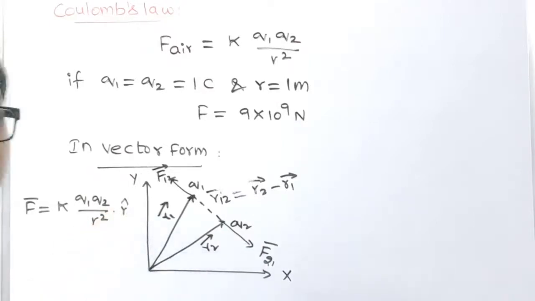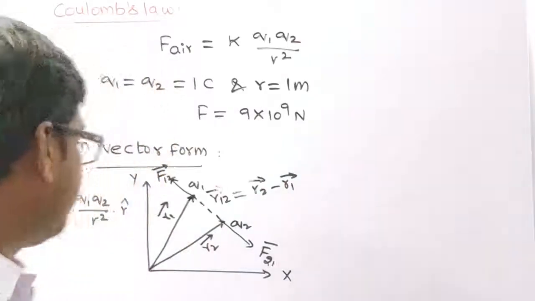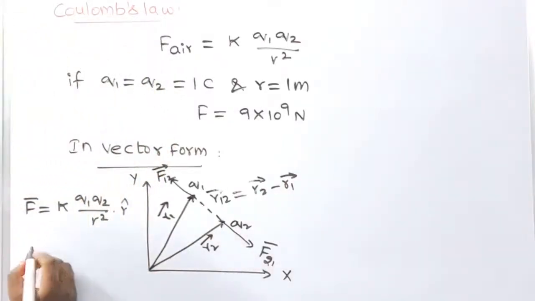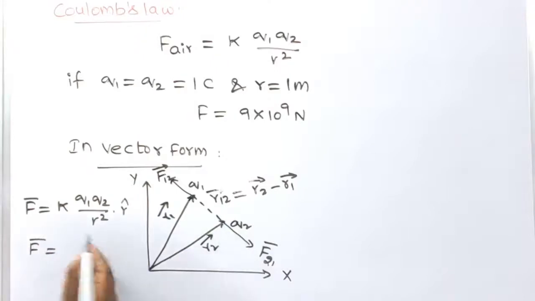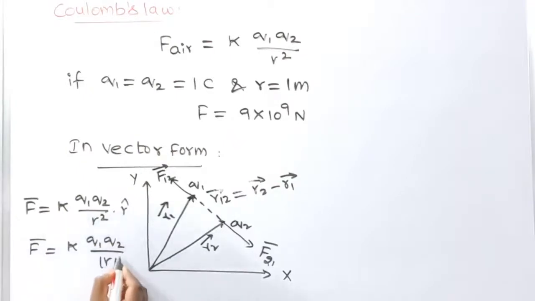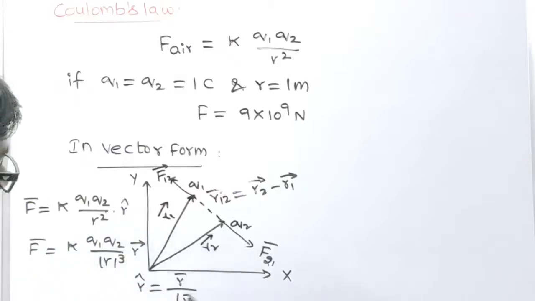A cap is equal to A bar by mod of A bar. In the same manner, F bar is equal to k into Q1 Q2 by mod r cube into r bar. For one position vector, r cap is equal to r bar by mod of r bar.